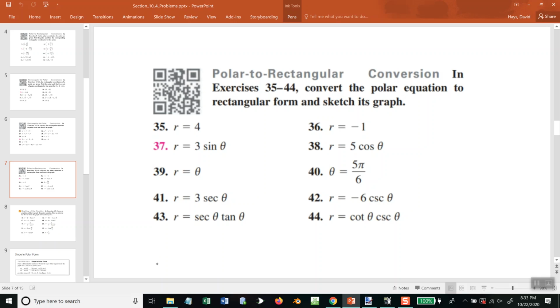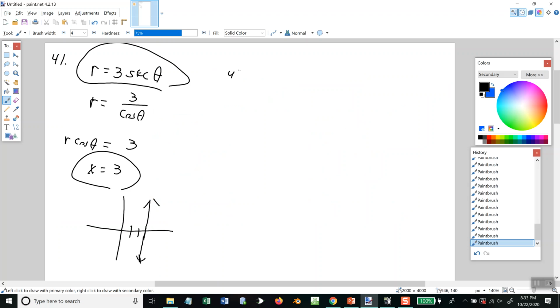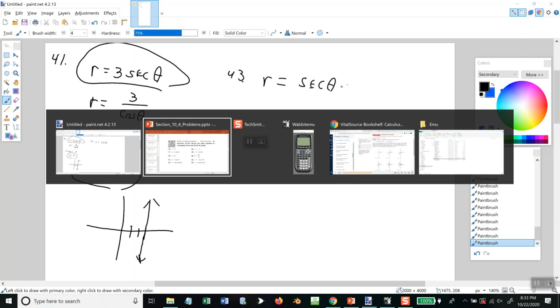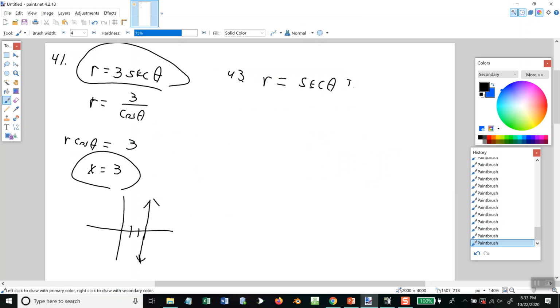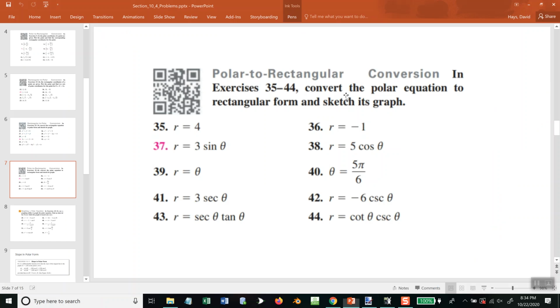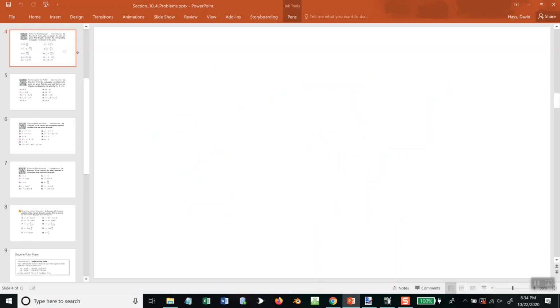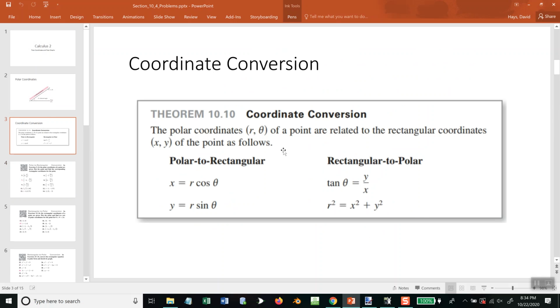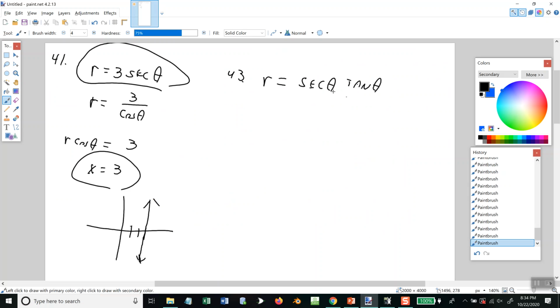Let's take a look at 43. I don't know how to work that one. This one I could see. Secant theta, tangent theta. Now, tangent theta doesn't really bother me because I can rewrite tangent theta as y over x. So I'll leave that alone. What does bother me is the secant.